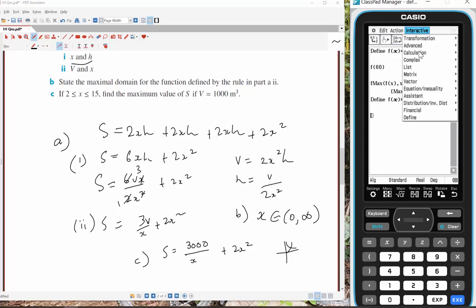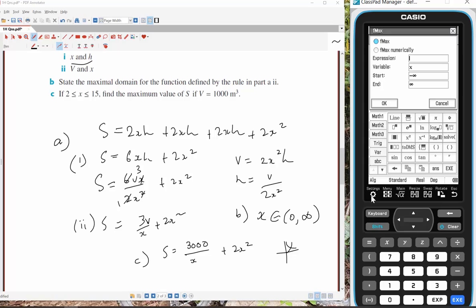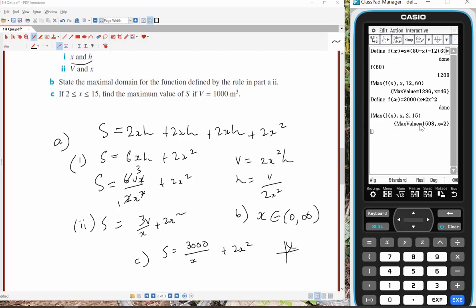So let's go ahead and do an Fmax for the function between 2 and 15. And this should lock onto a value. So it happens at 2.